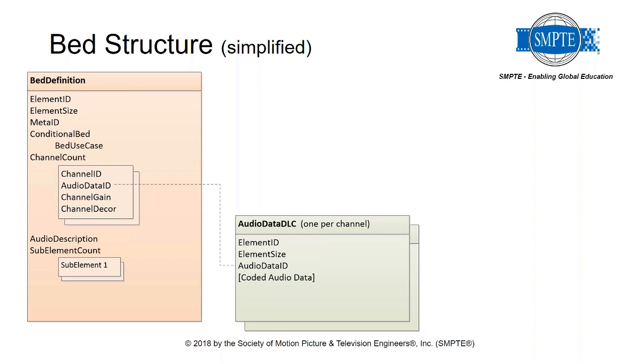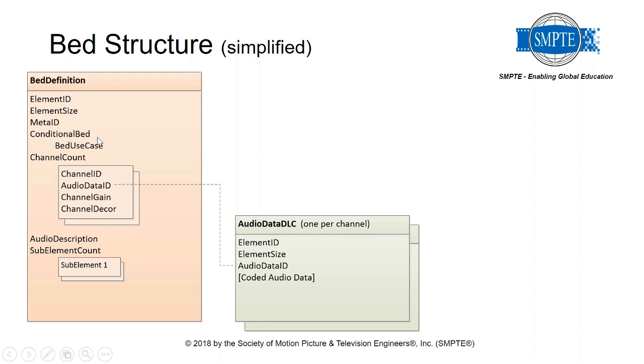Meta ID is used to identify a particular element within a group of element IDs. For instance, within a group of objects, meta ID identifies that specific object, or if there are multiple beds in the bitstream, which is supported, the meta ID allows you to separate, identify one bed versus another.